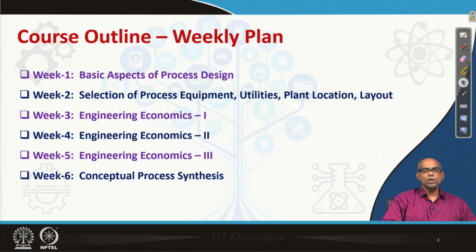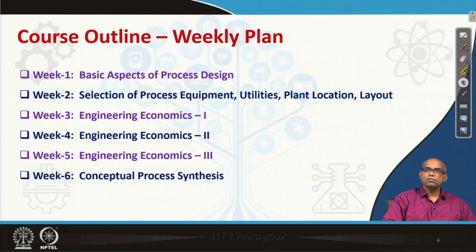So, this is the course outline. What you see now is planned for the first 6 weeks. In the first week, we will talk about basic aspects of process design. In the next week, we will concentrate on selection of process equipment, utilities, and how to select plant location and plant layout.